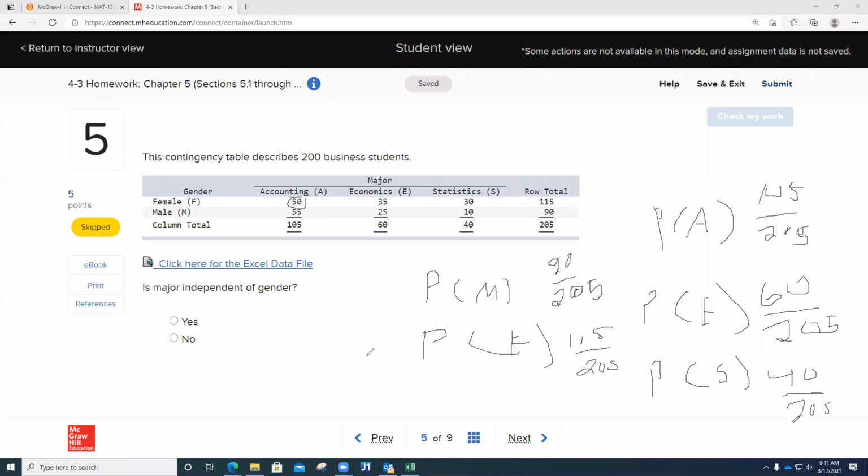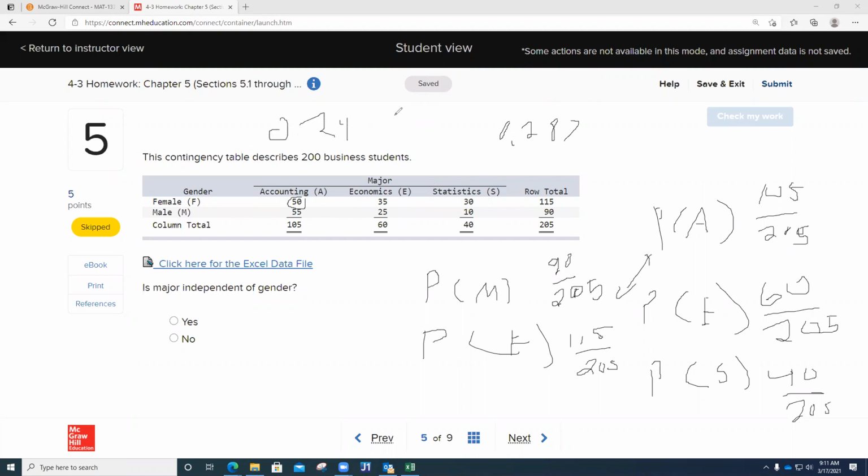So I multiplied female by A, these two together, and I got 0.287. And so now I just take 50 and divide it by 205. And I get 0.243.